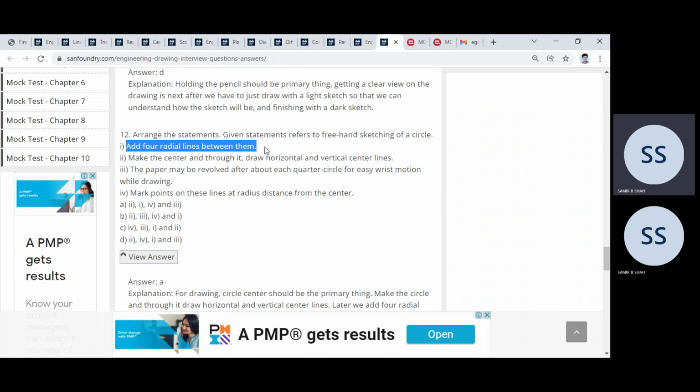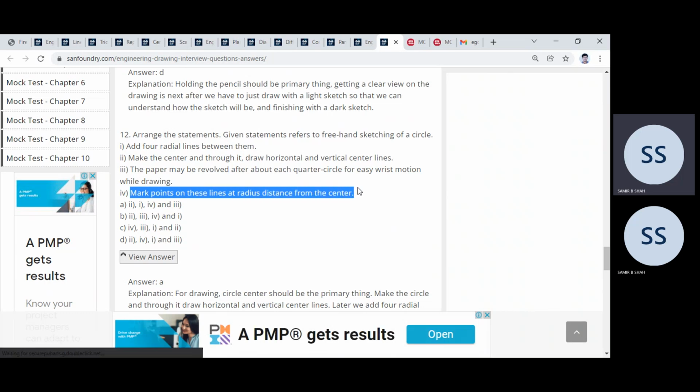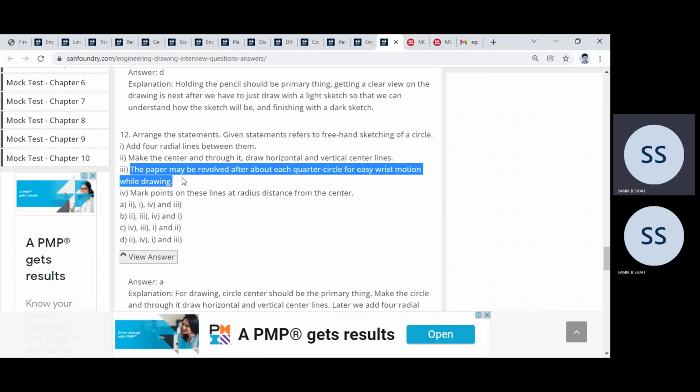After that, mark points on these lines at radius distance from the center, and then the paper may be revolved after about each quarter circle for easy wrist motion while drawing. Based on that, we complete our circle. So these are some basic MCQ questions which are important.